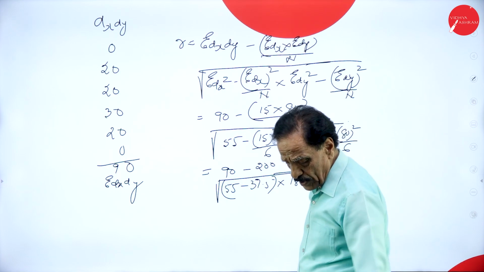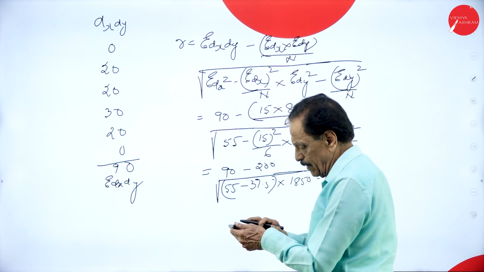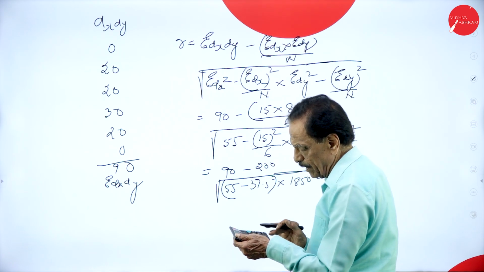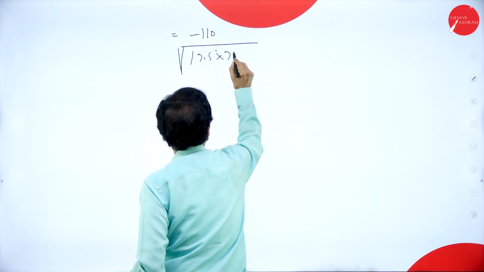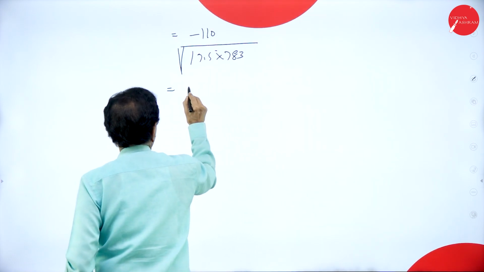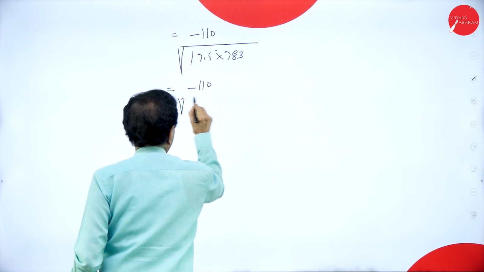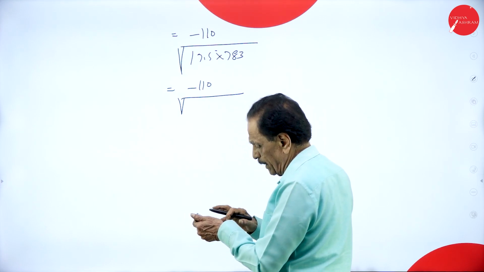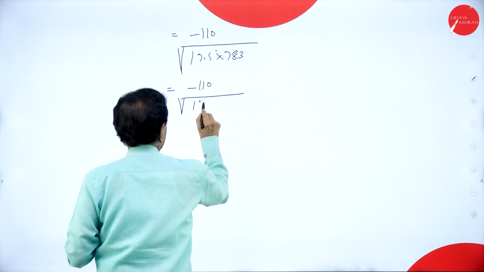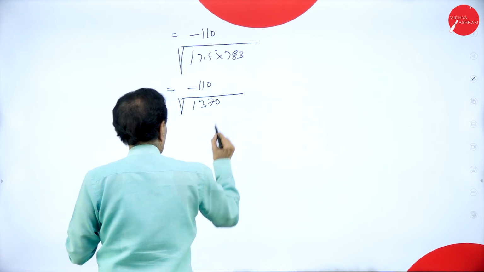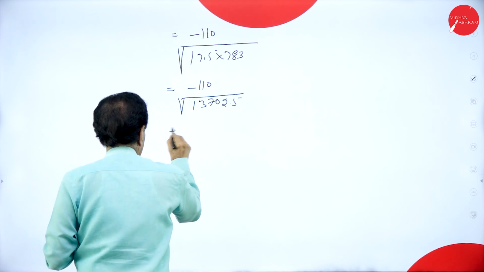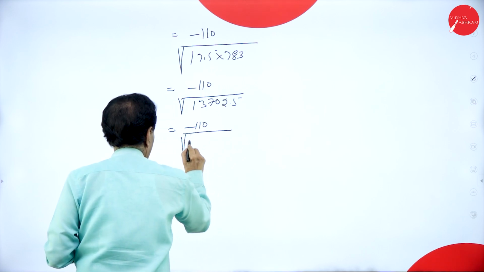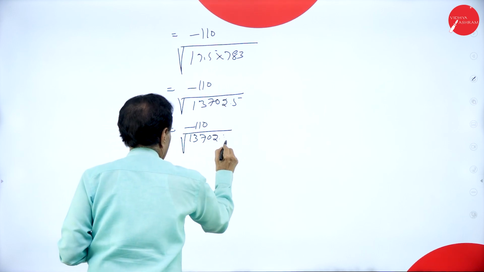Into 1850 minus 1067, 783, is equal to minus 110 divided by root of 783 into 17.5, 13702.5.